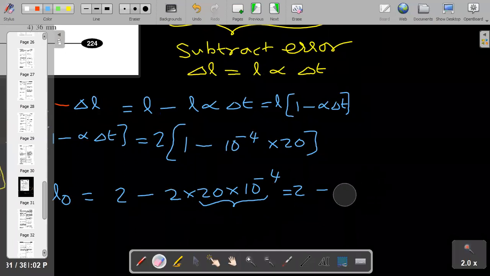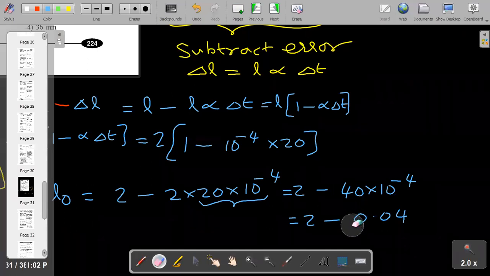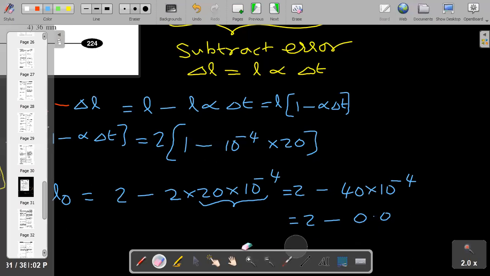So here 20 into 2 is nothing but 40. 40 into 10 power minus 4 is nothing but... 0.04, or 0.004? Check. 0.004, okay, beta?